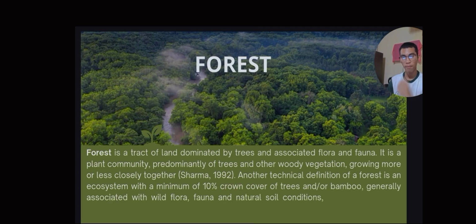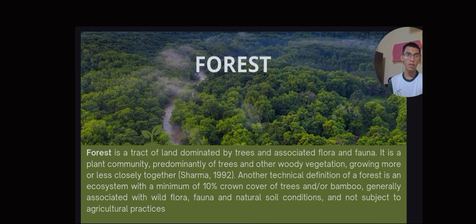So, forest. When you hear the word forest, what word can you use to describe forest? Anyone? So, forest is a tract of land dominated by trees and associated with flora and fauna. It is a plant community predominantly of trees and other woody vegetation, growing more or less closely together.